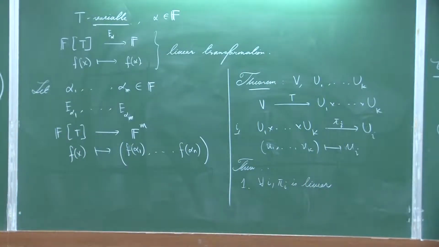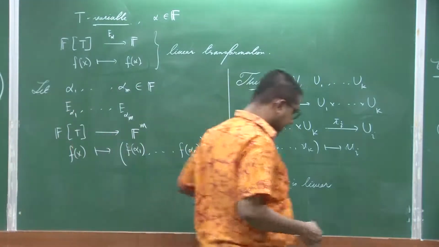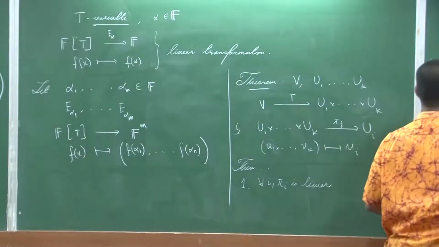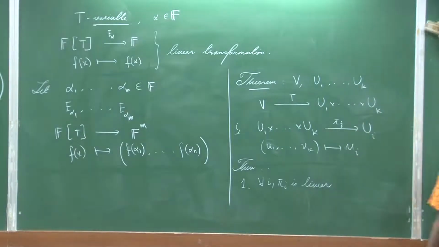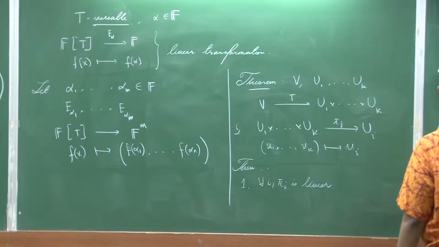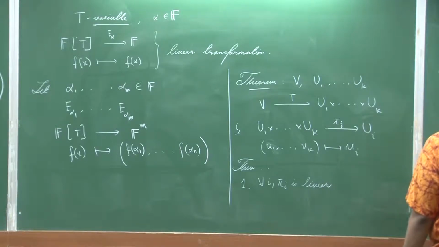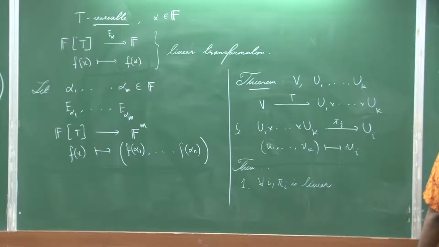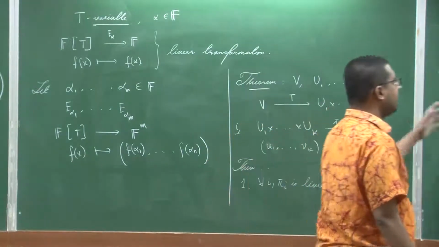Now we ask the reverse question: suppose each pi i composed with T is linear. Then what happens? Can we say T is linear?